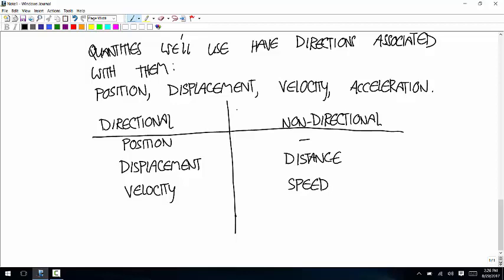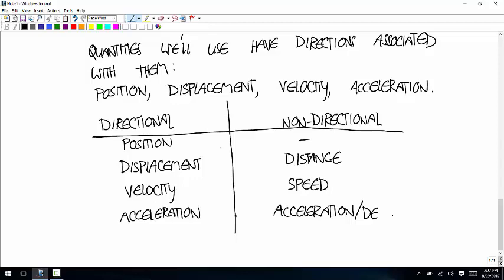And then the last one is maybe the most confusing one. The directional quantity is acceleration. The non-directional one that we use in everyday speech, we also call acceleration, but it sort of means something different. So we talk about acceleration and deceleration, talking about whether something's speeding up or slowing down.